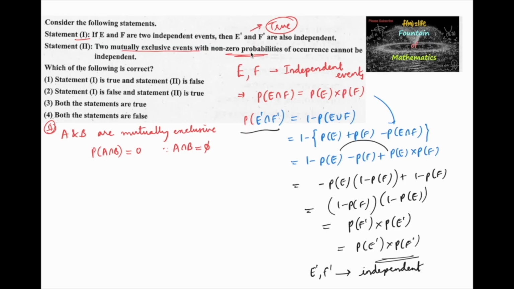With non-zero probabilities of occurrence, that is P of A is not equal to 0 and P of B is not equal to 0, which implies that P of A into P of B must not be equal to 0.